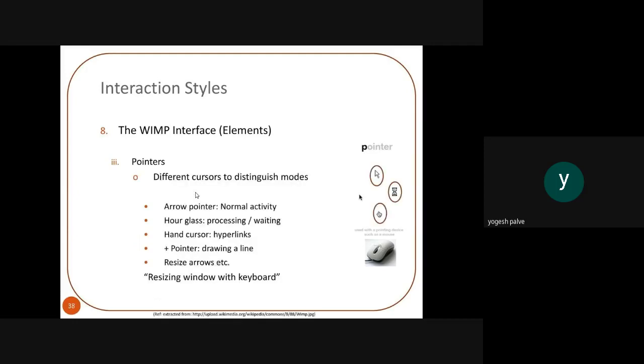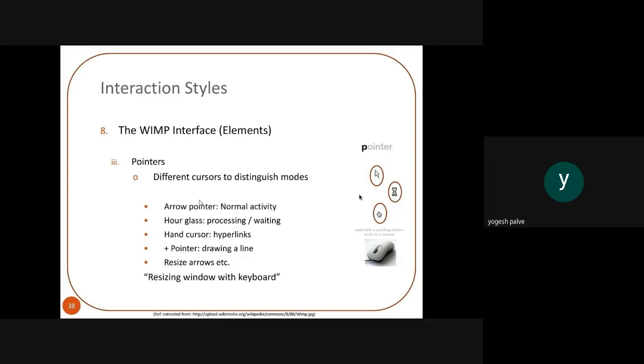Then there is the role of the pointer in using different cursors to distinguish modes. As you will see in front of you, this diagram shows different cursors and the distinct mode of each particular cursor. Here is the arrow pointer. Its role is normal activity done by the user.